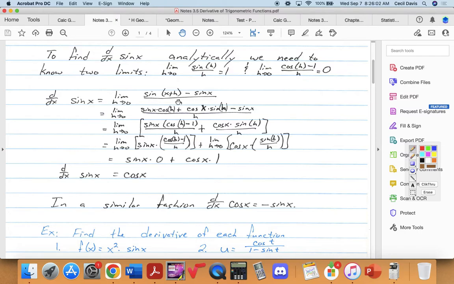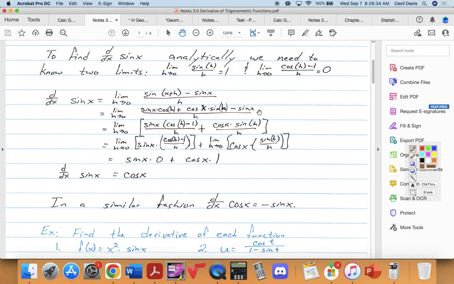I expect you to know the Pythagorean identities, that sine squared plus cosine squared is equal to 1, and that tangent squared x plus 1 is equal to secant squared x. Most of the rest of them, you don't need to know at this point. Okay? So sine of x plus h is equal to sine of x times cosine h plus cosine x times sine of h. And I'm just keeping the sine of x.